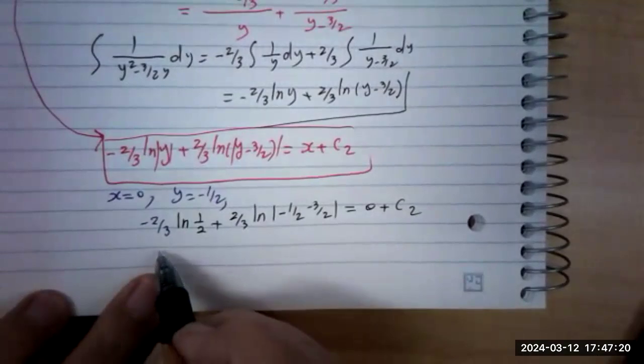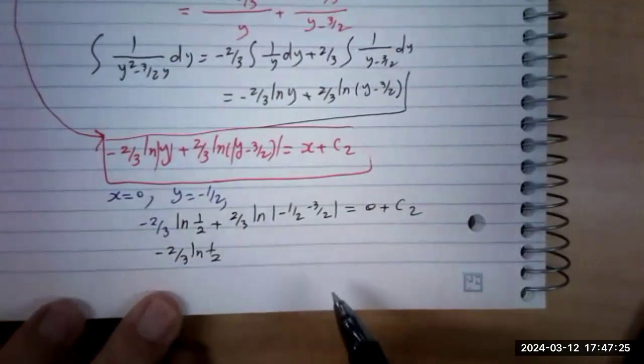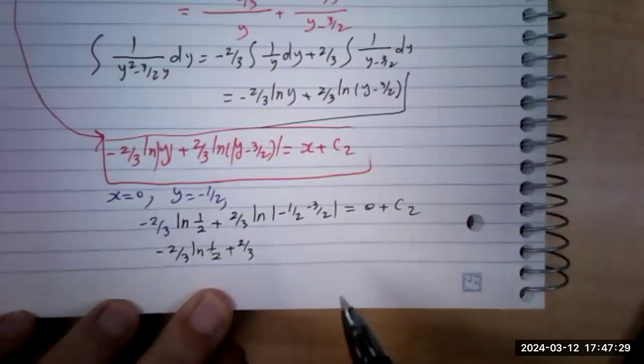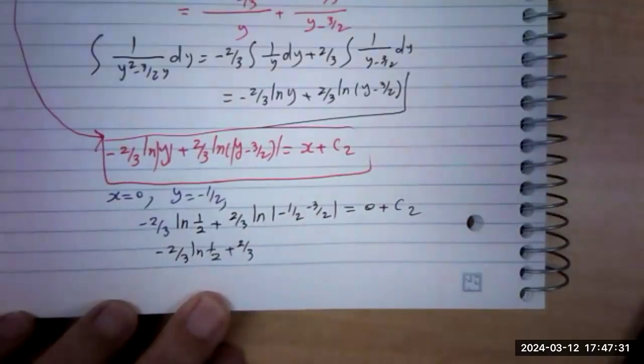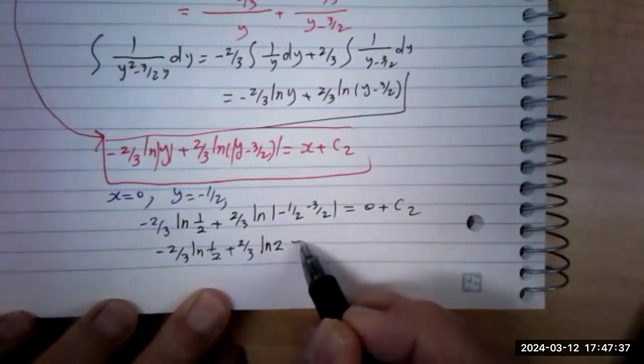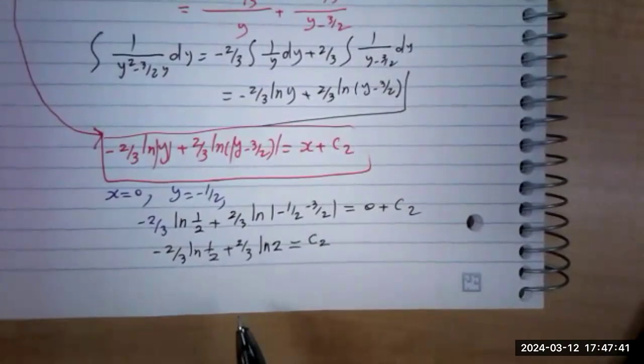So this is going to be negative 2/3 ln of 1/2, plus 2/3 ln of, negative half minus 3/2 would be negative 4 over 2, it's ln 2. So that will be ln 2, equal to the c2. In fact, they're going to be simplified. Ln of 1/2 is negative ln 2.